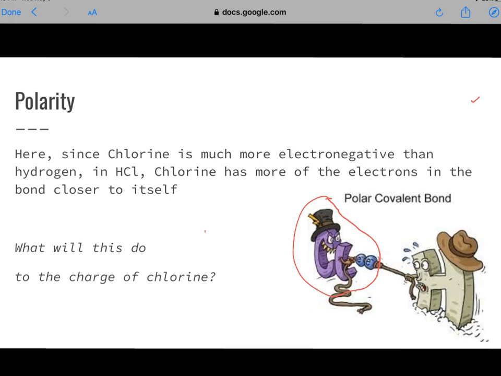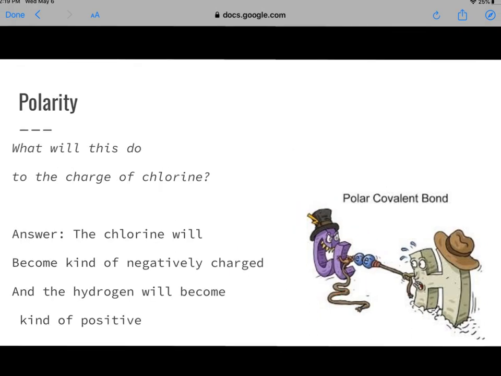So take a minute and think, what does that mean about the charge of chlorine? Well, since electrons are negatively charged, if chlorine has the electrons more, chlorine becomes kind of negative.